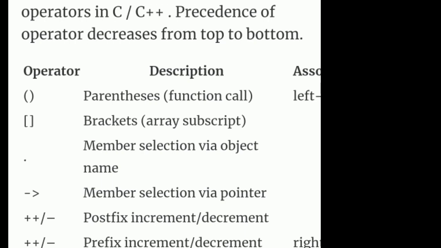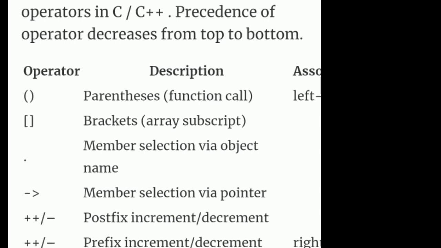If A is equal to 1 and B is equal to 0: bitwise A and B equal to 0, bitwise A or B equal to 1, bitwise A cap B is equal to 1.